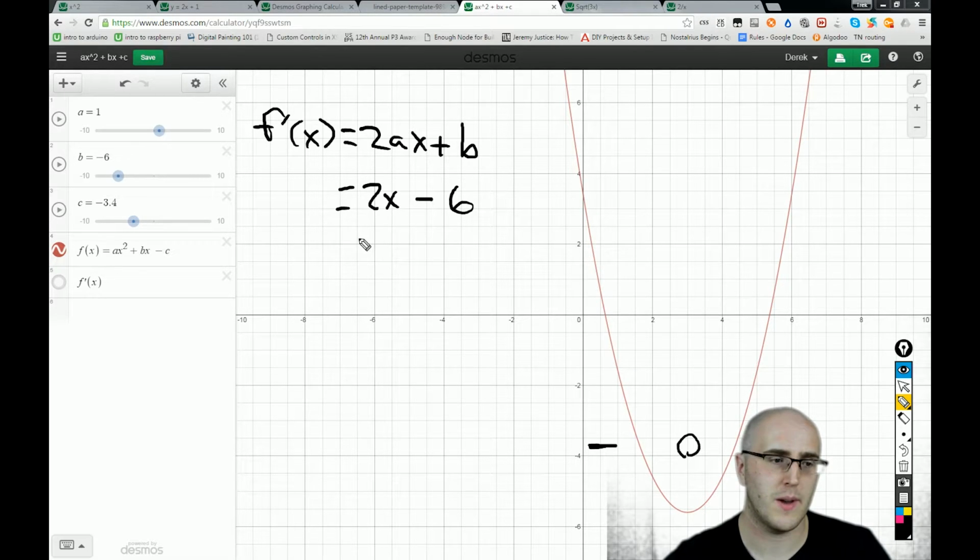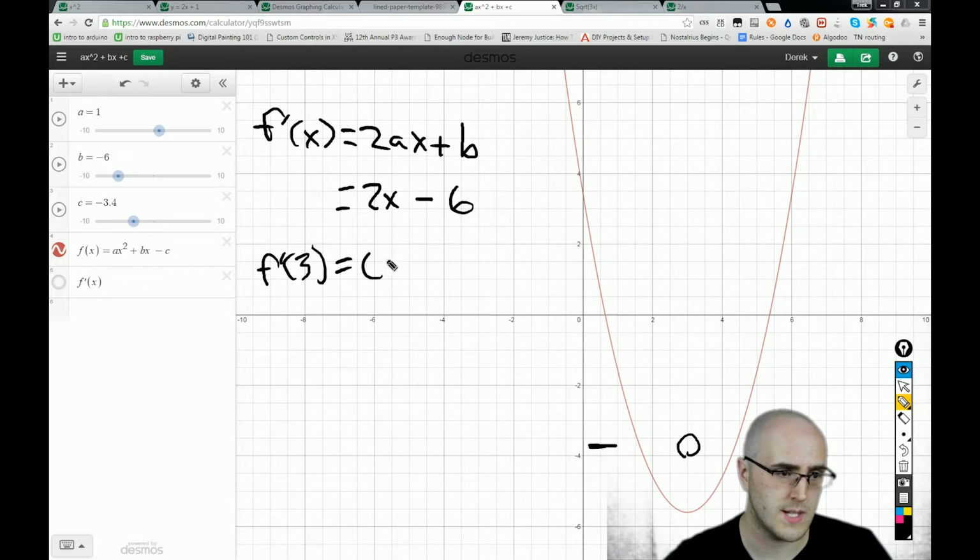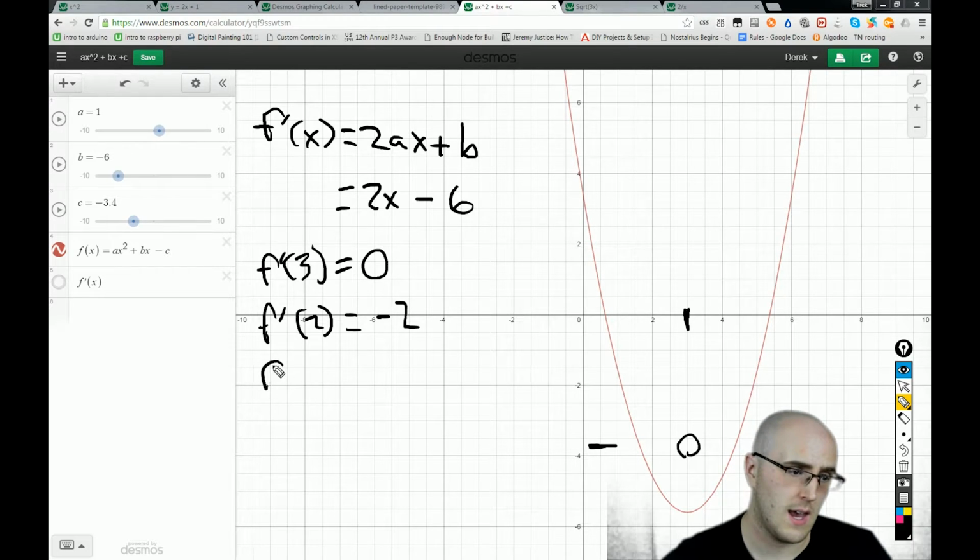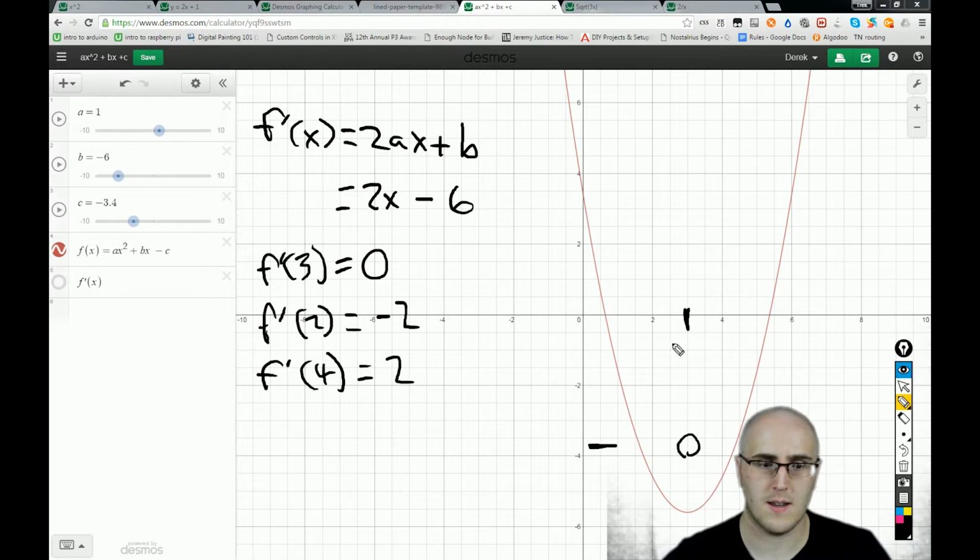If we plug in 3, we get 0. So f prime of 3 is equal to 0, which makes sense. We said that it was 0 at 3. F prime of 2 is equal to negative 2. It's negative before that. And f prime of 4 is equal to 2, which is positive on the right side, and it's symmetric. Let's go ahead and graph it.